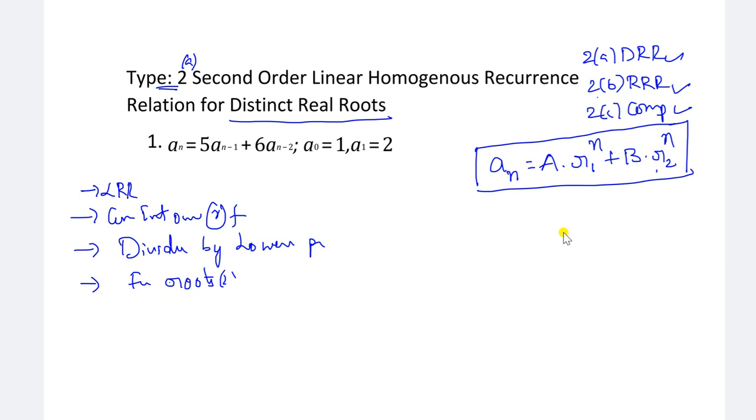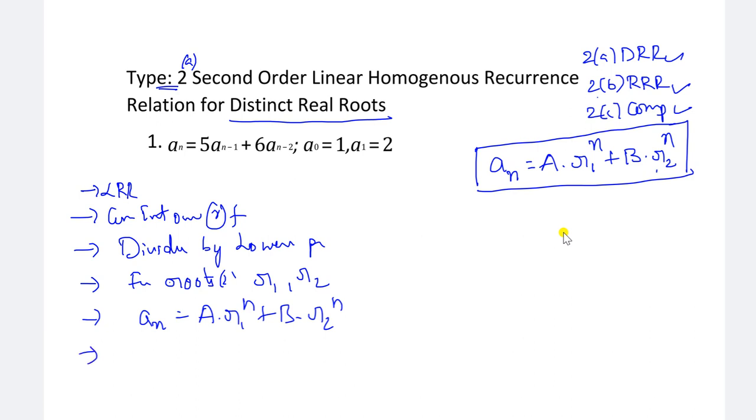So it is second order, so we will get two roots, and if they are distinct, that means r1 and r2 are two different roots, then the solution is a_n = a r1^n + b r2^n.